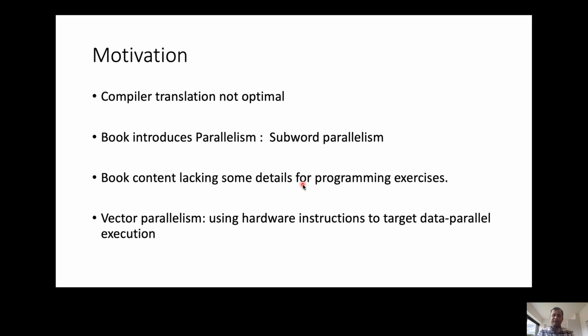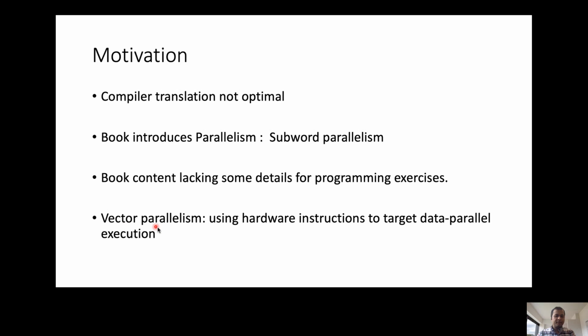It has code excerpts, some code blocks, but it was not enough to assign homework problems or to create lab assignments based on programming exercises, right? So this lecture will help you in doing that. It builds on the available material, and I'll be providing code examples and some demonstration to make it concrete.